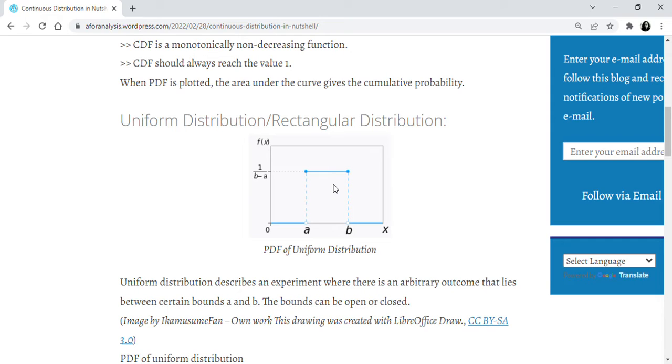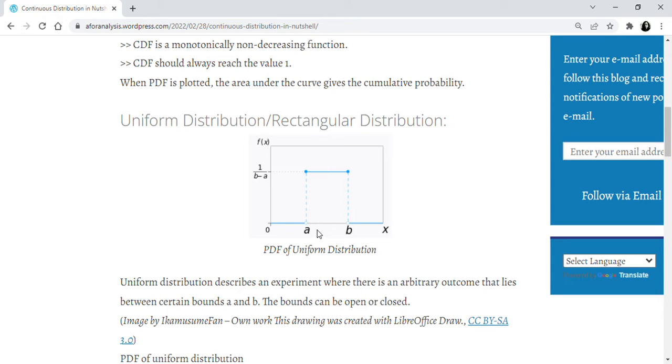Now let's talk about the first kind of continuous distribution. This is the uniform distribution, or rectangular distribution. As you can see here, a uniform distribution describes an experiment where there is an arbitrary outcome that lies between certain bounds a and b.